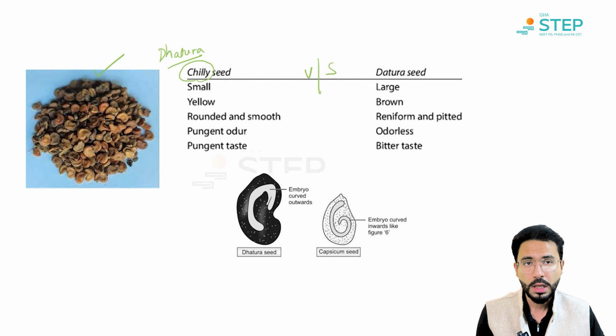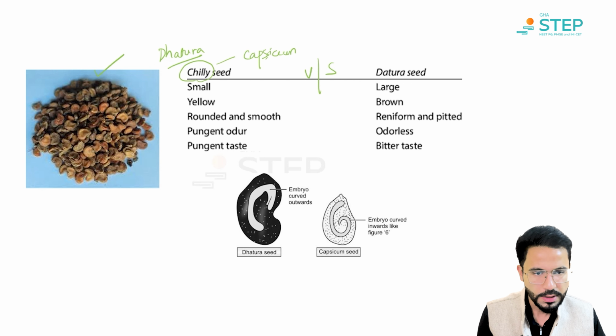What chili are we talking about? We're not talking about the green chilies that are easily sold. We are talking about capsicum. So remember, capsicums are also known as chili in other countries, and this chili seed resembles the Datura seed, but the larger difference is that chili seed is a smaller yellow seed, whereas the Datura seed is a larger brown seed.